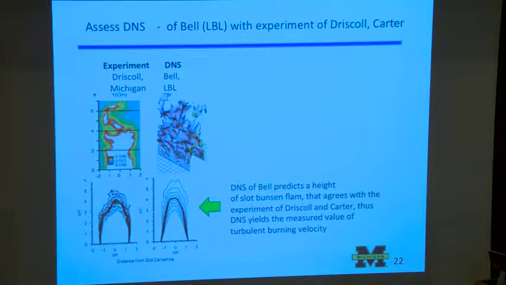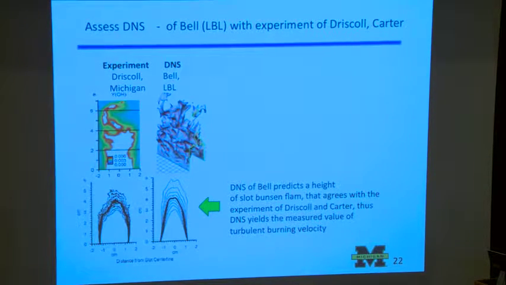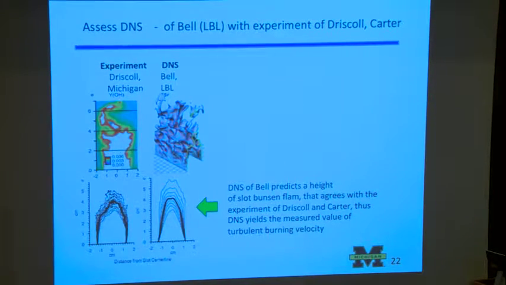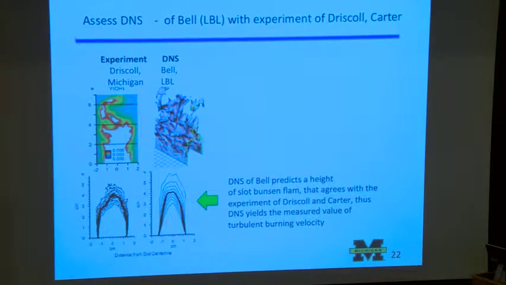I think many of you will have to go through this: you're trying to compare experiments and computations, and usually they don't agree at all when you first start out, and then you realize it's not that one of them is bad, it's probably both of them are bad. That's what we found, okay?